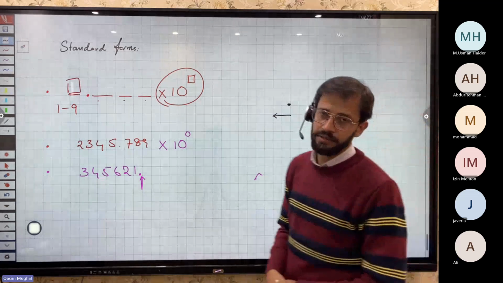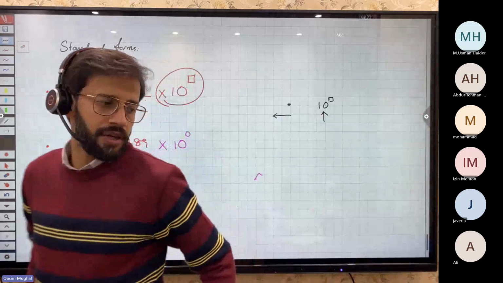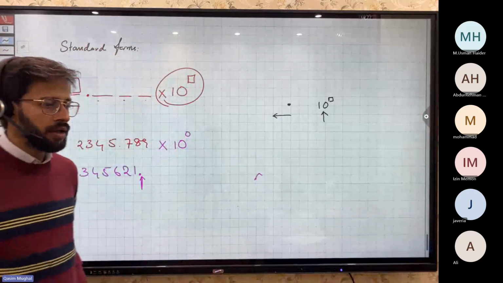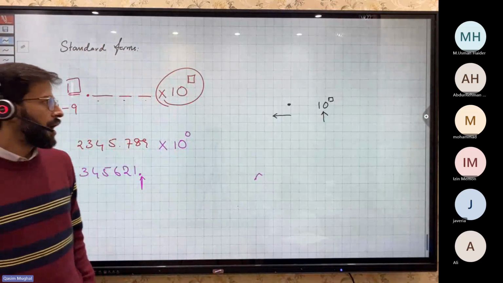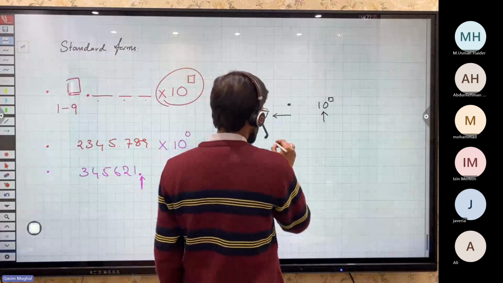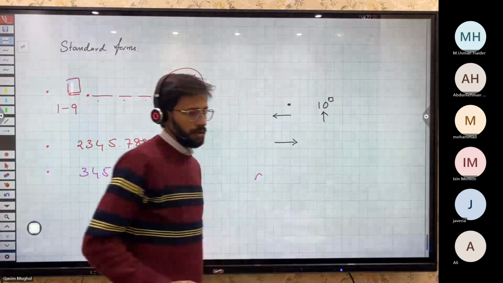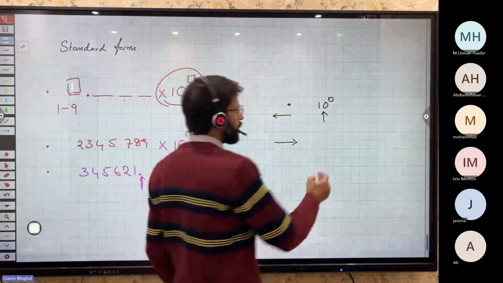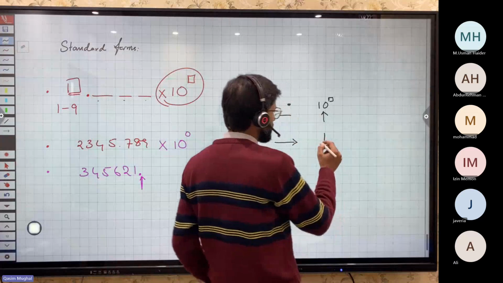It increases. And whenever you move the decimal to the right, the power of 10 will decrease.